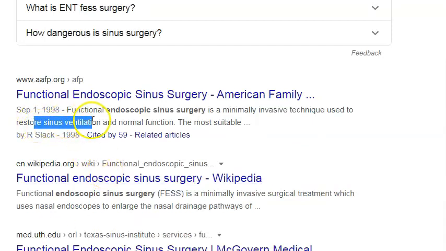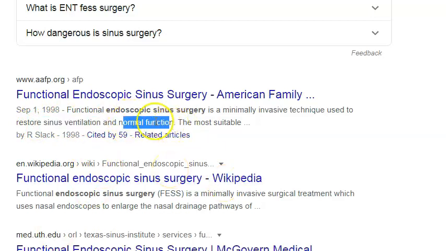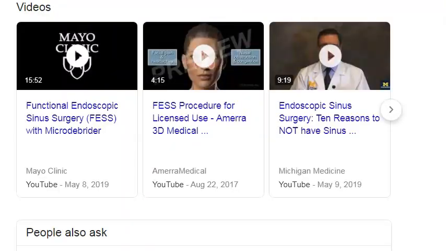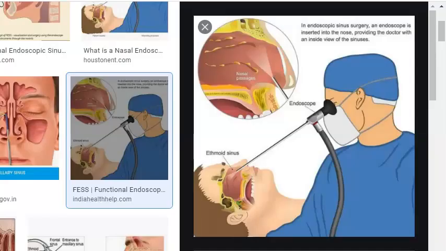So they will restore the sinus ventilation and normal function. That's why they are restoring the normal function. So it's functional endoscopic. Endoscopic is via the nose they are going. Sinus surgery. So look at the images, you will know how it is. Via the nose they are going, right? That's why endoscopic. It is actually endonasal, you can say.